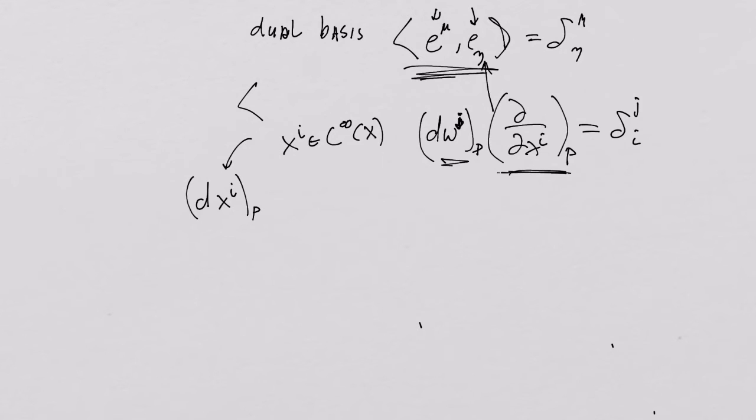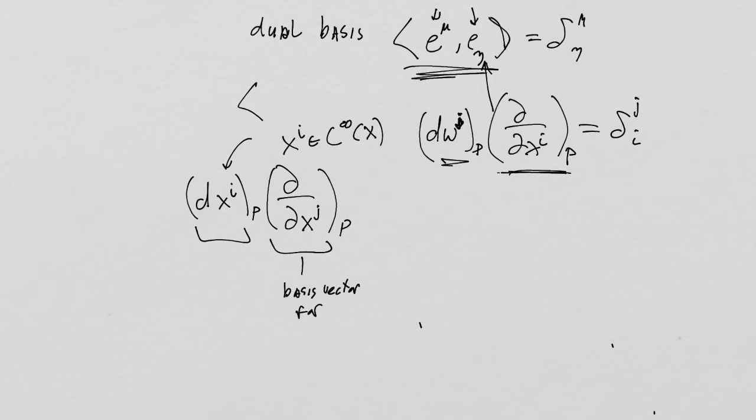Well, what happens when I take dxi and operate it on the basis vector ∂/∂xj of p? This is a covector mapping a vector. This is the basis vector for the tangent space, and this is what I claim will be the dual basis vector.